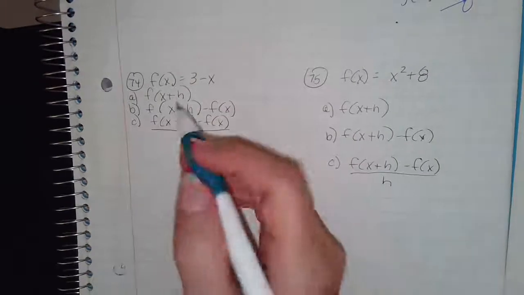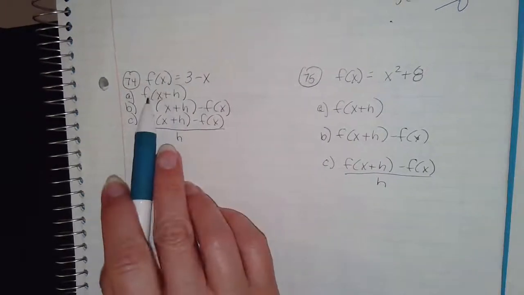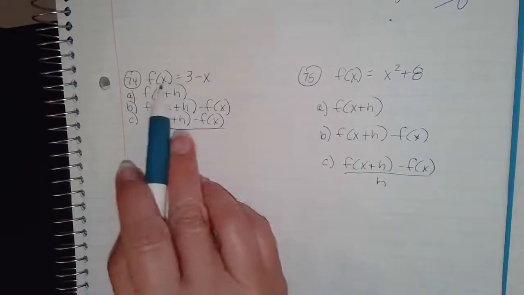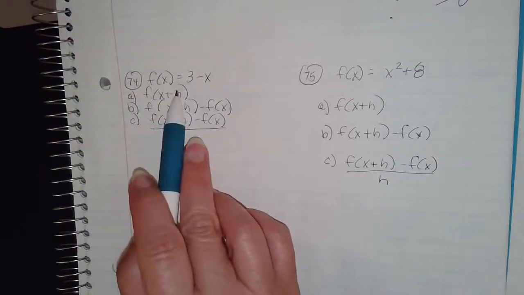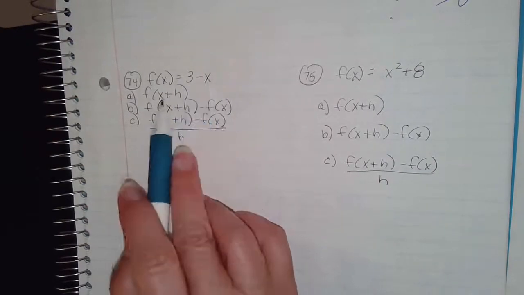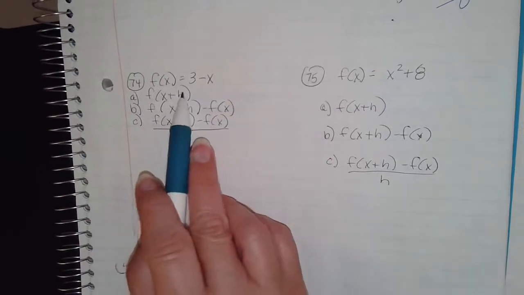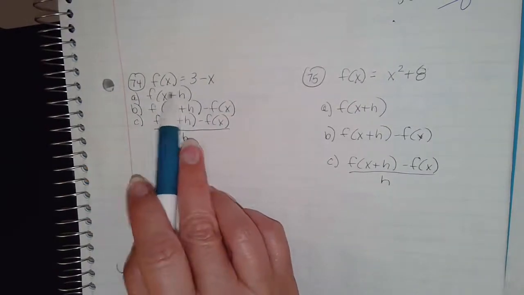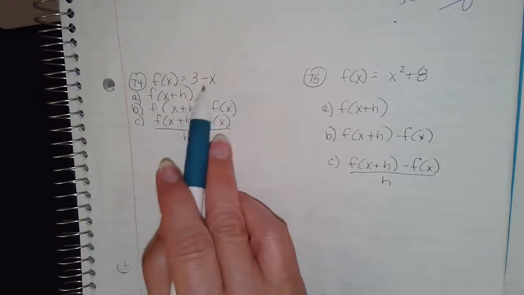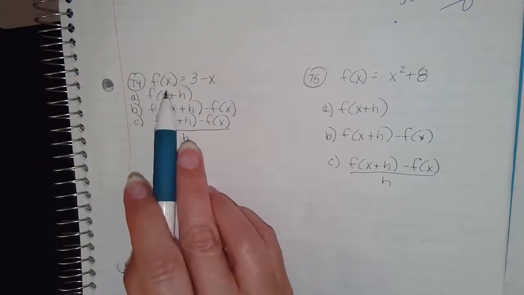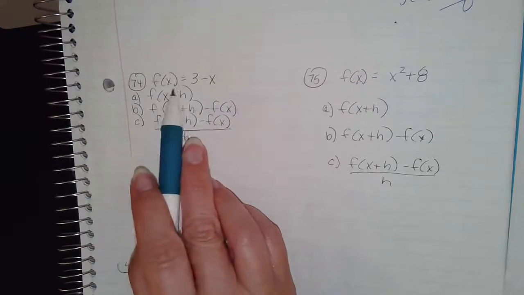Okay, so step A says go to your function, whatever function you're working with, and where normally you would have an x here, you change your x to x plus h. Just like if this said do f of 1, that means plug 1 in for x. If it says f of 2, you plug the 2 in for x. Whatever f of whatever is here, that's what you plug in for your x value.